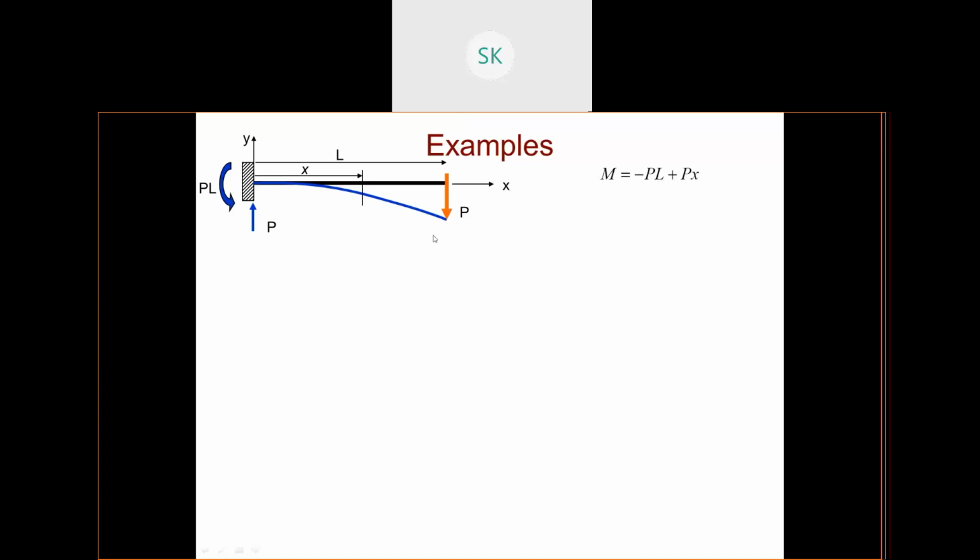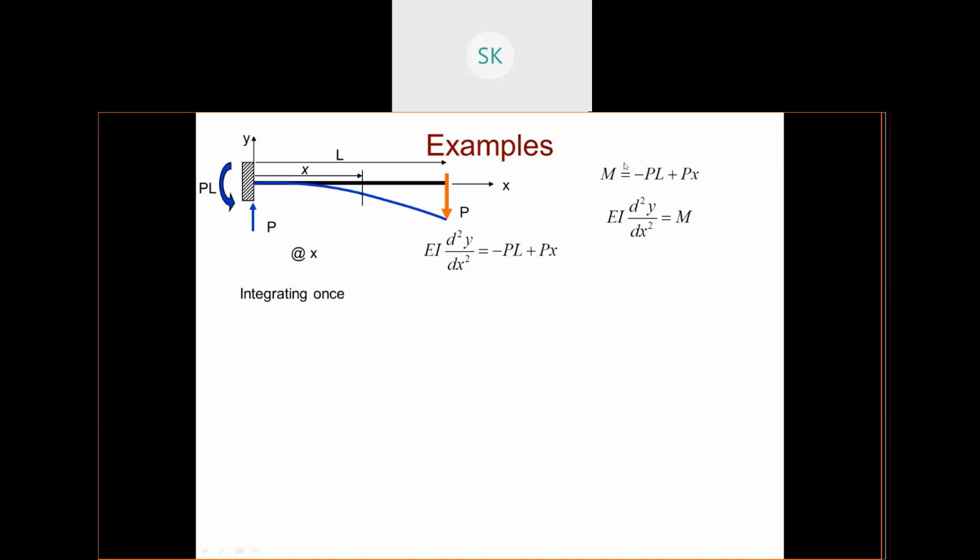Why minus PL? It is in the anti-clockwise direction. Px will be in the clockwise direction. So this is my moment equation.